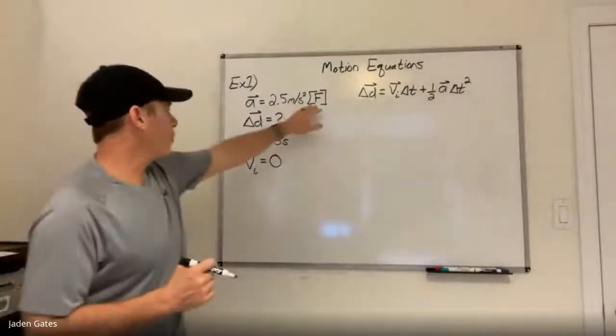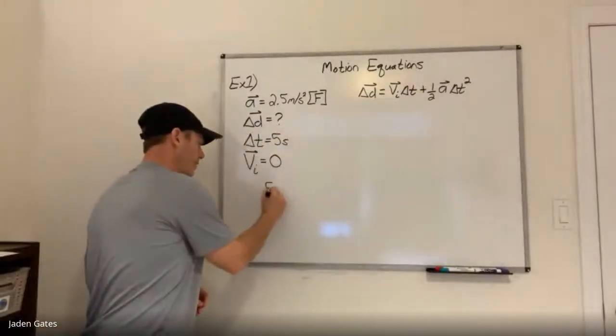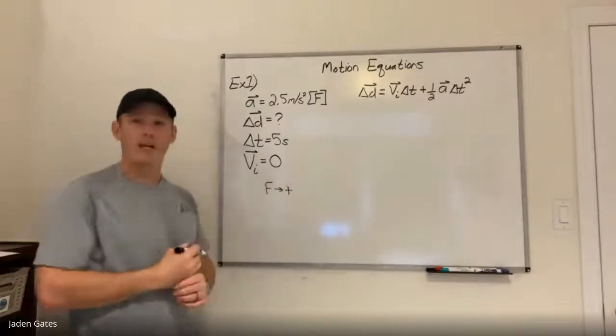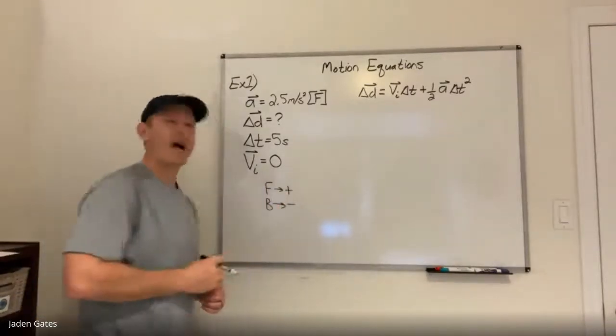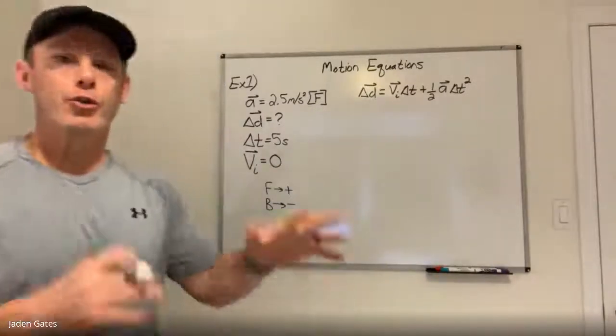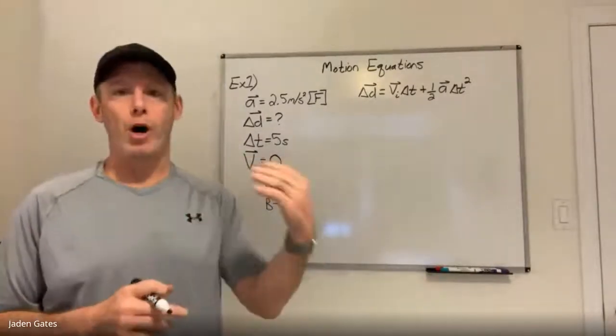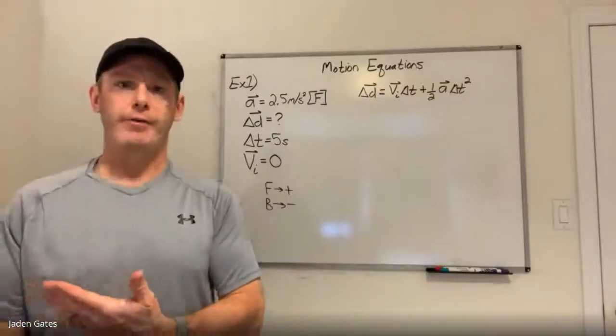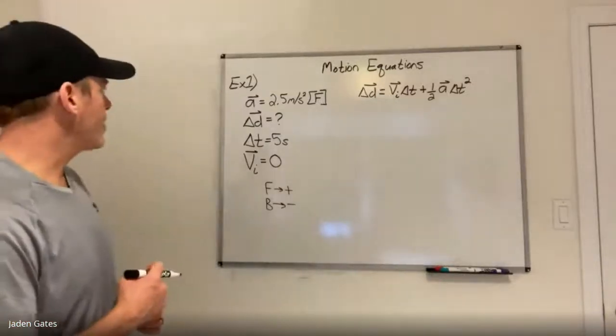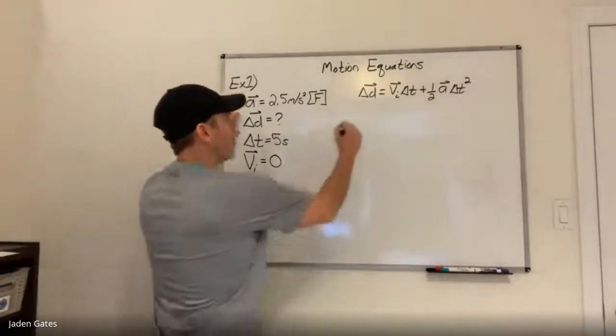Now, forward for me, I don't always write this down, I'm going to say is a positive direction, which then makes backwards a negative direction. So you have to denote one direction as positive, the opposite direction is negative. All right. So now that I've done that, delta D, I don't know.